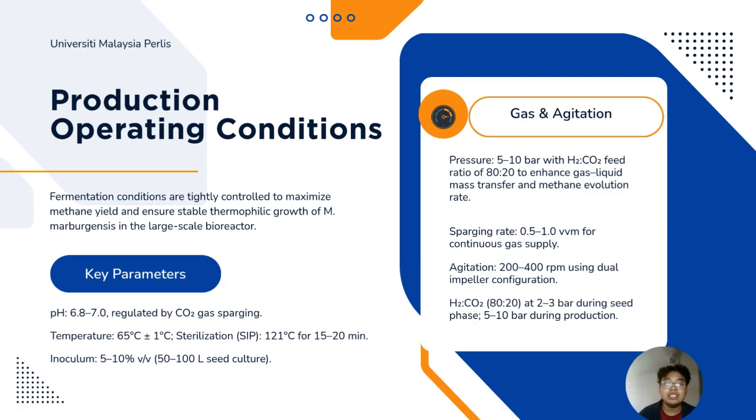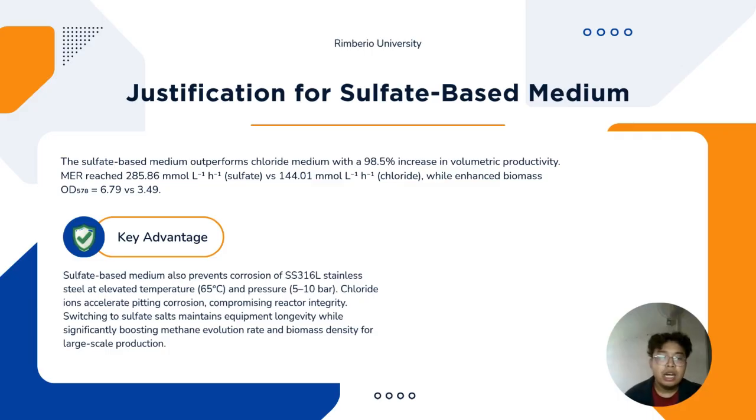We also maintain a sparging rate of 0.5 to 1 vvm, and agitation at 200 to 400 RPM using our dual impeller system to ensure the gas is uniformly distributed and in constant contact with microbes. So why are we focused on the sulfate-based medium?